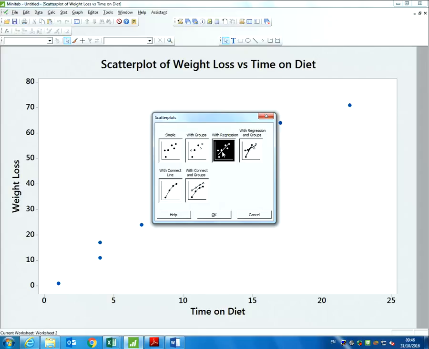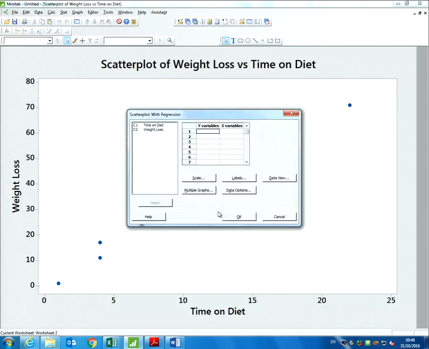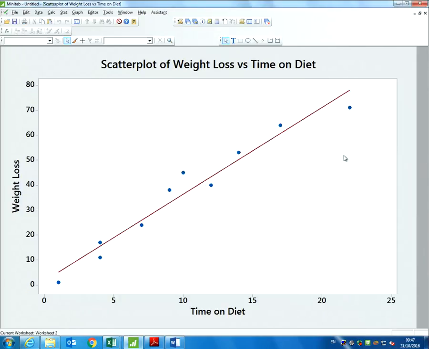You'll see in Minitab that the option to fit the line with the scatter plot is called with regression. So we will return to this shortly. I want you to look back at the notes.